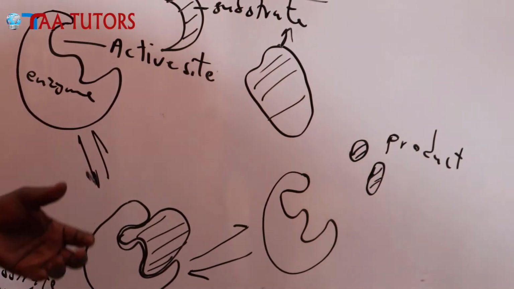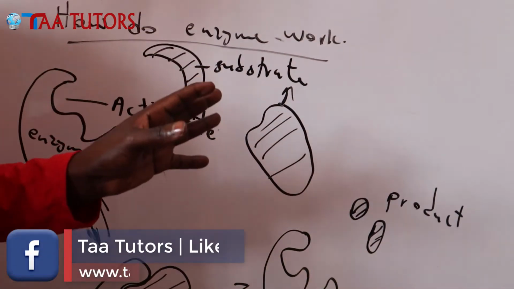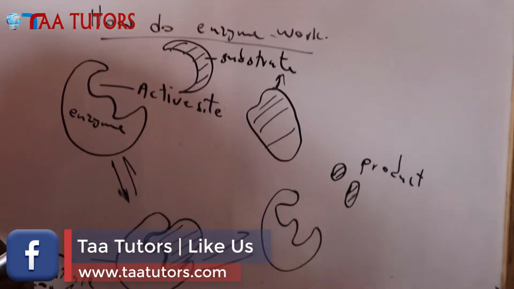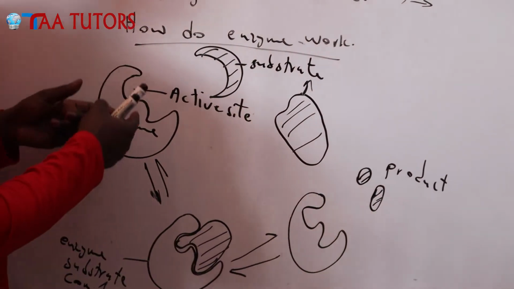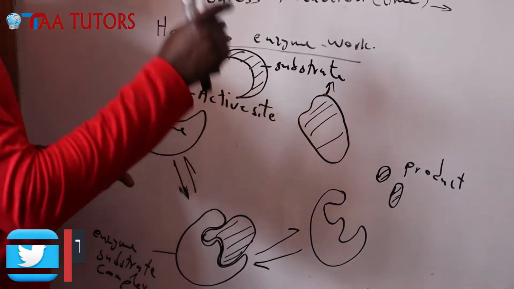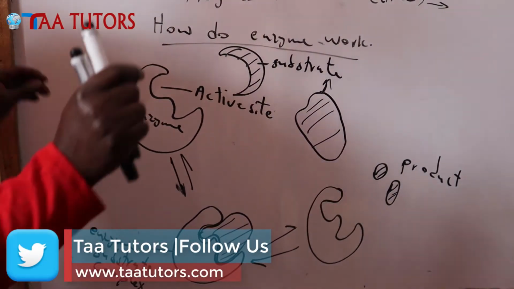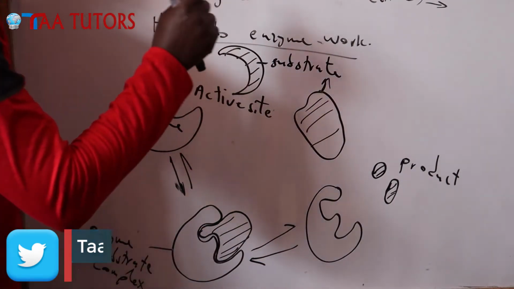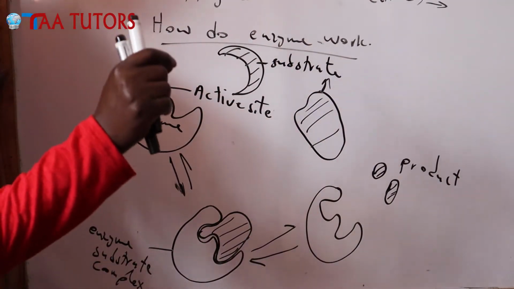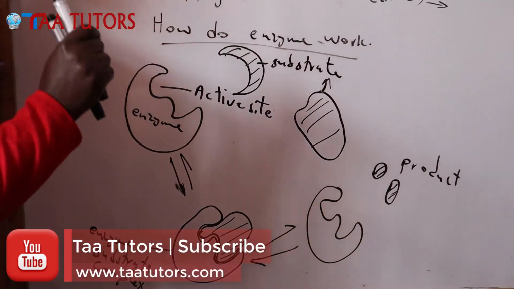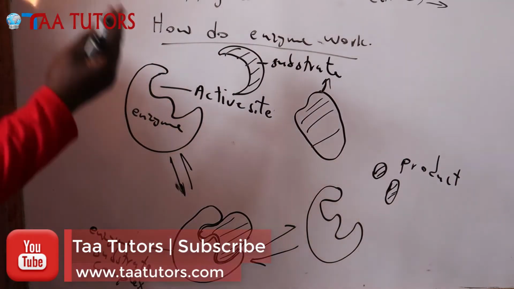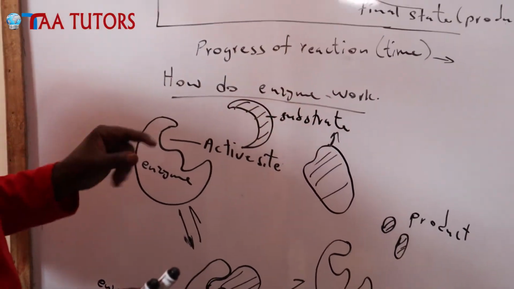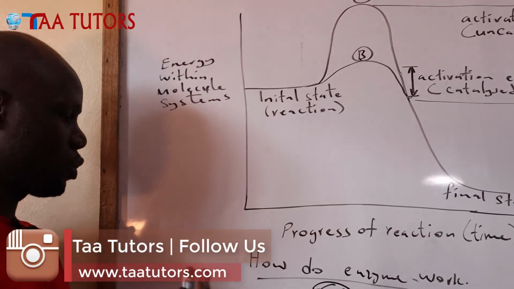So at this point we can say that enzymes work by locking themselves with the substrate on a site that is called the active site. It is very important for us to note that in the action of the enzyme, we are going to refer to the active site as the point where the reaction is going to take place. Every enzyme has an active site with various shapes just to fit the specific substrate that they are going to work on.